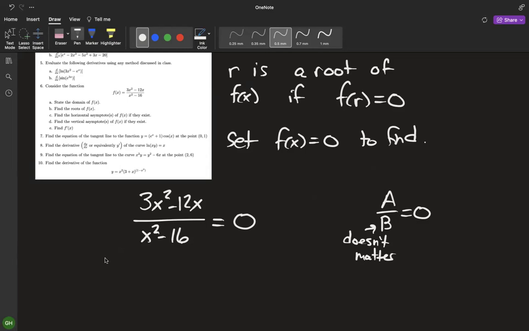Or in other words, you could think I'm going to multiply both sides by x squared minus 16. So that's going to give me 3x squared minus 12x is equal to x squared minus 16 times 0, which is 0.